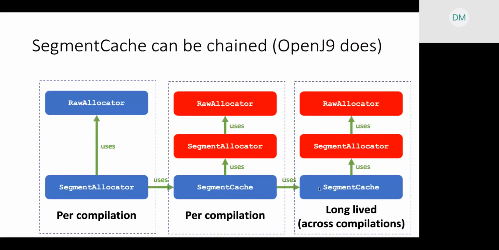One way you could solve this is to just have the long-lived one and go straight to it. Why have the one in the middle in a world where the sizes were the same? Can you think of a reason why?